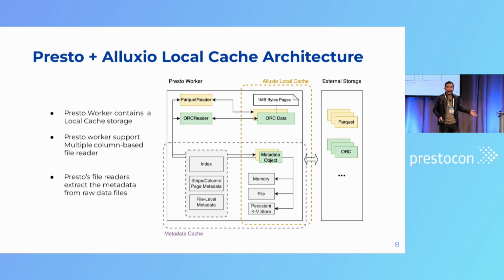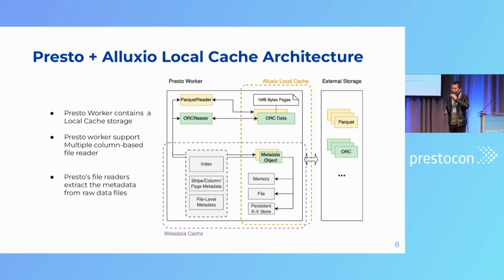Just as Chunxu said, we are seeing some bottleneck on the Parquet or ORC file parsing, especially for the metadata, because Presto uses metadata. The metadata here is not the metadata in the Hive metastore. It's the metadata stored in the Parquet or ORC files. Presto reads this kind of data very frequently, because for almost every file, it will check the metadata first.